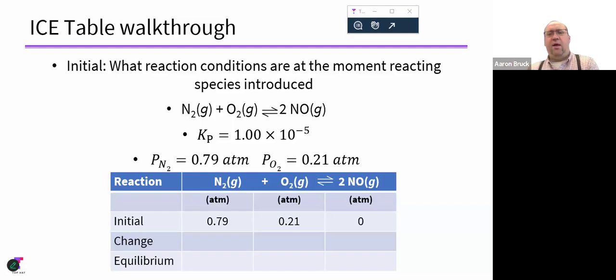And so the way that we set up an ice table is pretty similar to this. We start with the reaction, and underneath that reaction, we lay out our initial conditions, our changing condition, and our equilibrium condition.